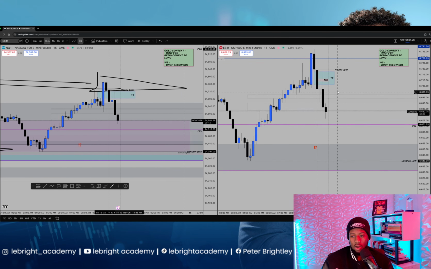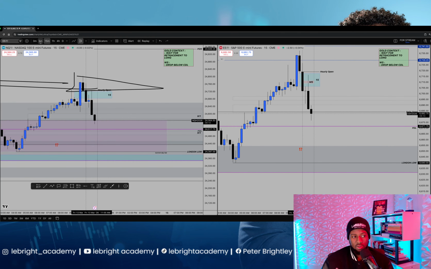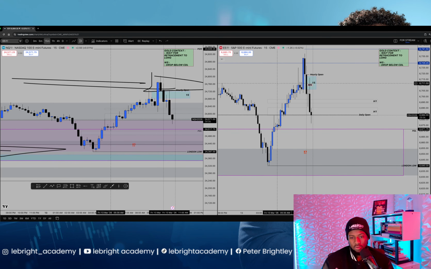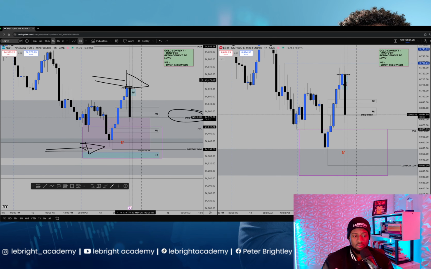So even though I put all of these things, I didn't take the trades. It's not my trade anyways. Now I'm just paying attention to the daily open.